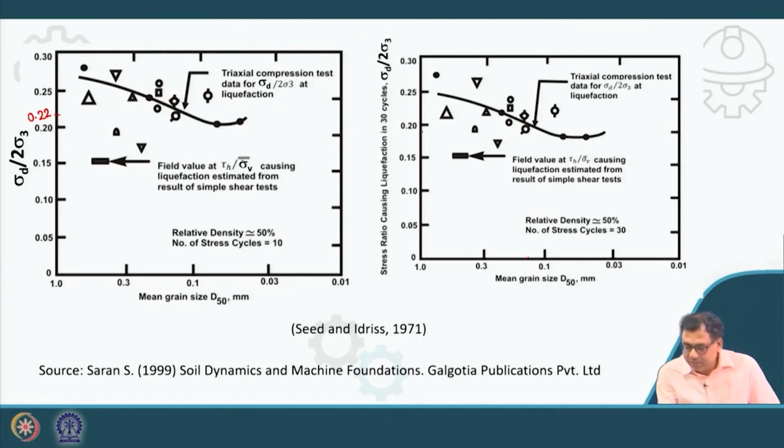So this value will be around 0.175. This value will be 0.175 here, because if you go here, then this value will be around 0.22.